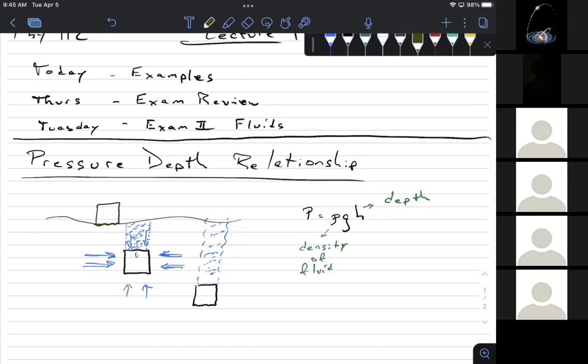Now, in a more realistic setting, the amount of pressure an object feels in the air depends on where it is. Is it up on a mountain where the air is thinner and thus you should feel less pressure, versus at sea level, or in New Orleans where you're a little below sea level and the air is at its thickest or most dense, and so you should feel more pressure because the air is more dense there.